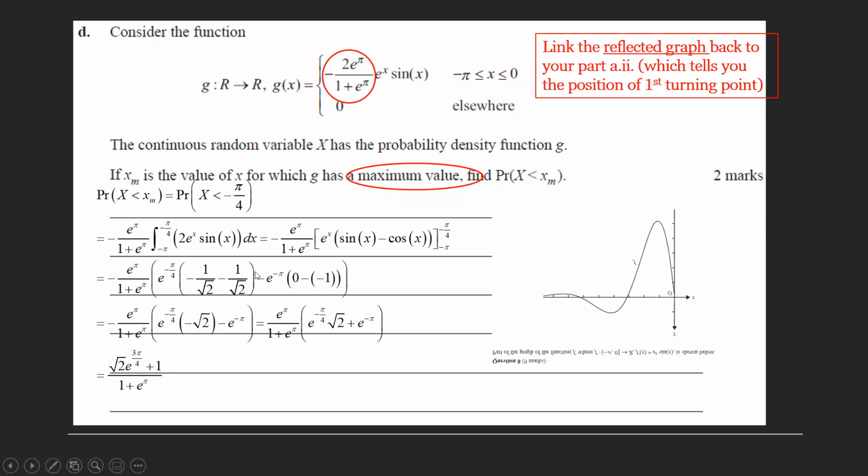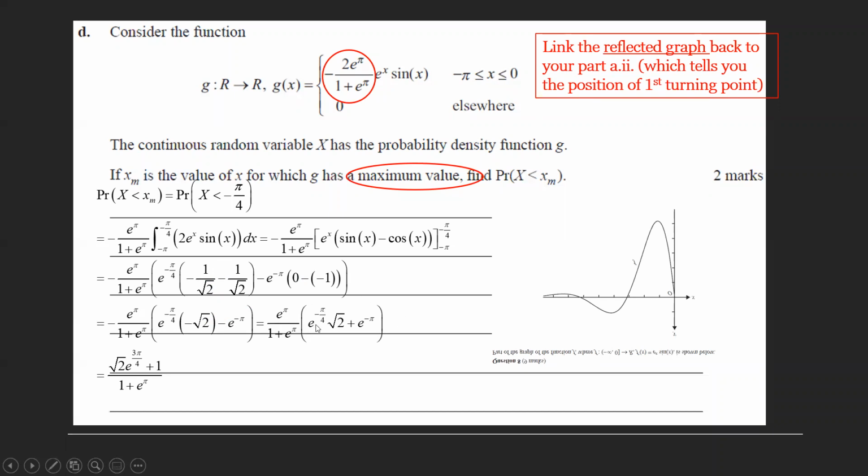Now, these two terms, some of you will be confused. Why is that minus root 2? Because it's minus 2 over root 2 gives you minus root 2, okay? And this bit will be minus e^(-π). So with the minus here, take them out to cancel with the minus. You will get e^π over 1 plus e^π times that bit.